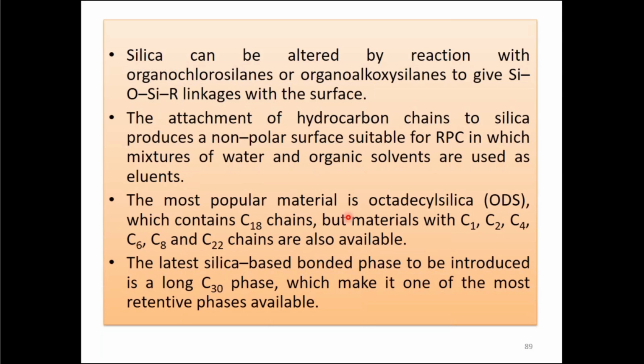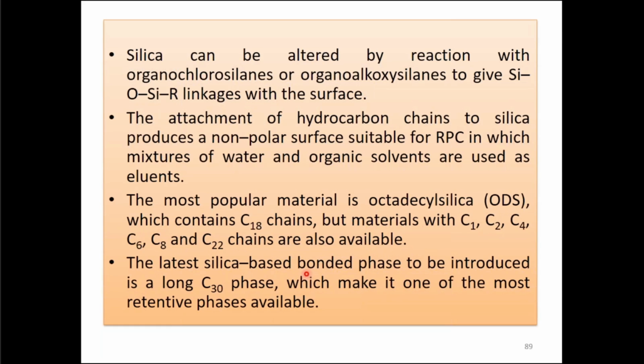The most popular material is octadecyl silica, ODS, which is in short always called the ODS column, which contains C18 chains. But materials with C1, C2, C4, C6, C8, and C22 chains are also available.